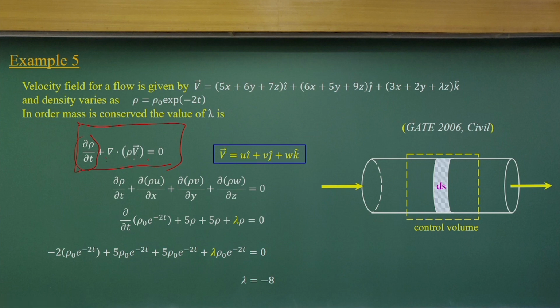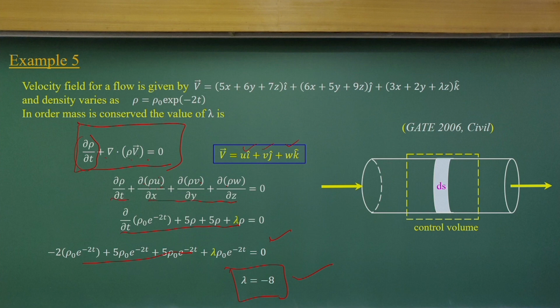This rho times v product will be rho u, rho v, rho w as scalar components, if u, v, w are the scalar components. Now I am just substituting the density into rho u, rho v, rho w in these equations. Finally I get this relationship, and it gives the lambda value, which is equal to -8. So, this is how the problem is solved.